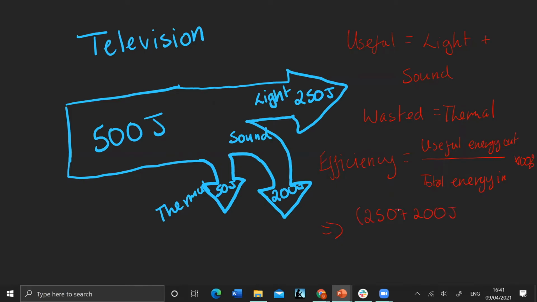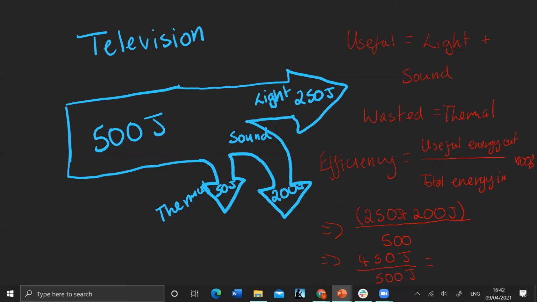The wasted was 50. So that's over the total 500. So 450 joules divided by 500 joules. And then we're going to times it by 100%.